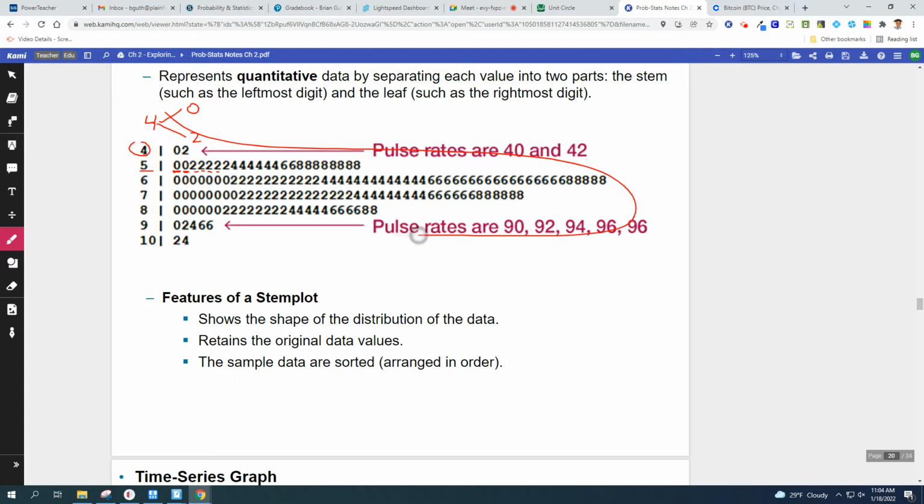It's weird because it's sideways, but it's showing you the shape. You can see the most numbers are in the 60s, it looks like. It retains the original data values, which means we can see them or list them. And one thing that's good, I think, is the sample data are sorted and arranged in order.